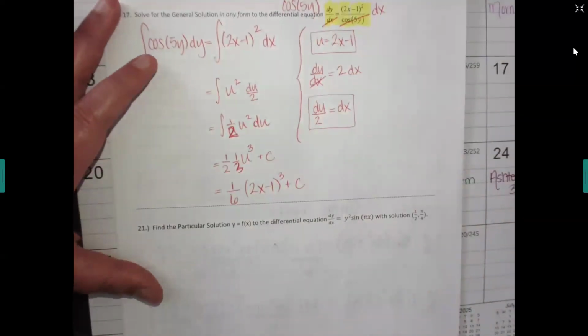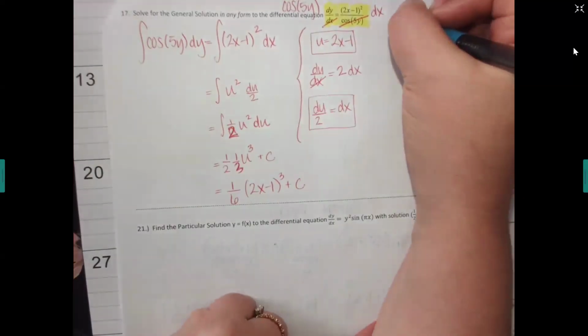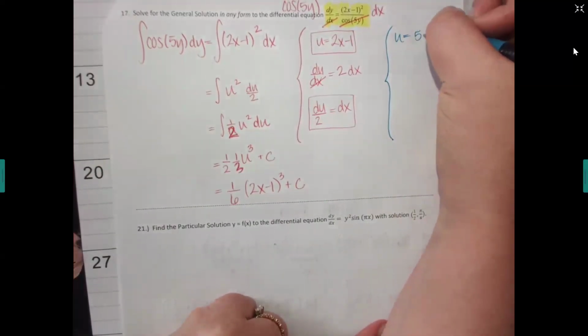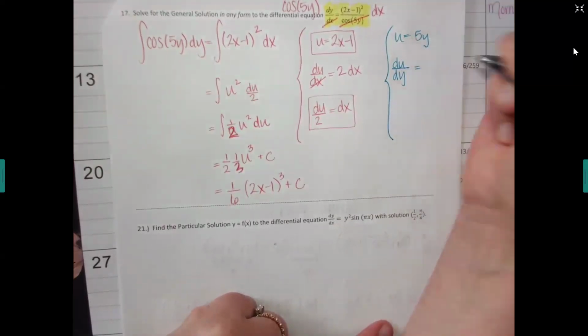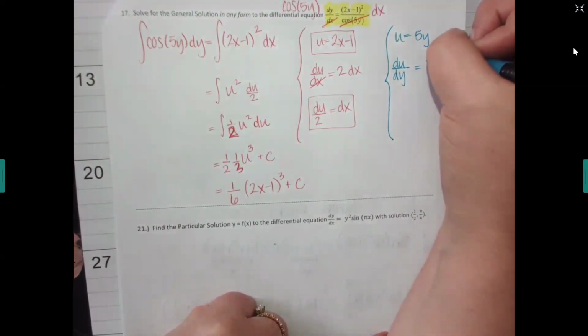Now we need to do the y side, but we're going to have to pick a different u. So what did we say our u will be on the other side? 5y. Then du dy is going to be the derivative of 5y, which is what? 5.